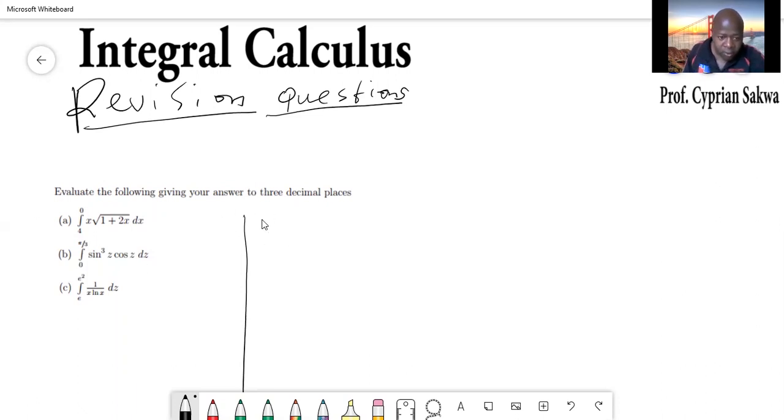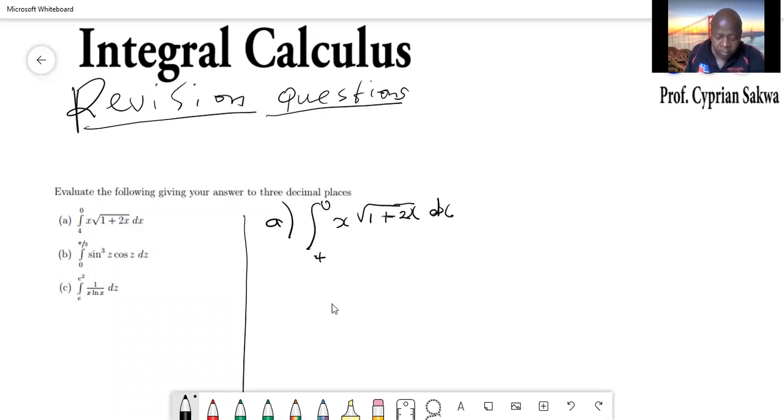And the first question is the integral of x multiplied by the square root of 1 plus 2x dx, and our limits are from 4 to 0.